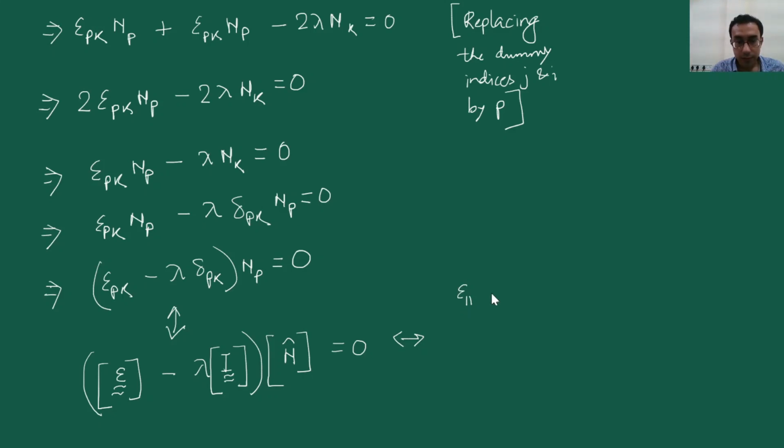Epsilon 1 1 minus lambda, epsilon 1 2, epsilon 1 3, epsilon 2 1, epsilon 2 2 minus lambda, epsilon 2 3, epsilon 3 1, epsilon 3 2, and epsilon 3 3 minus lambda.